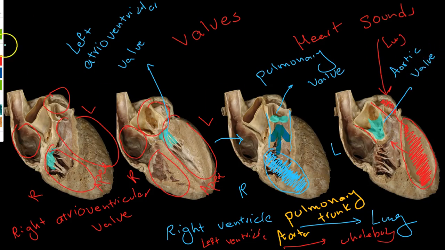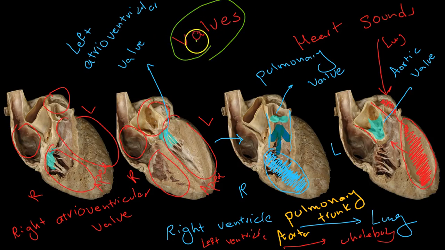Do not forget the heart sounds is because of the closing of the valves, and then there are 4 valves in our heart. 2 gonna be between the atrium and ventricle, and 2 other gonna be between the ventricles and the blood vessel leaving them.